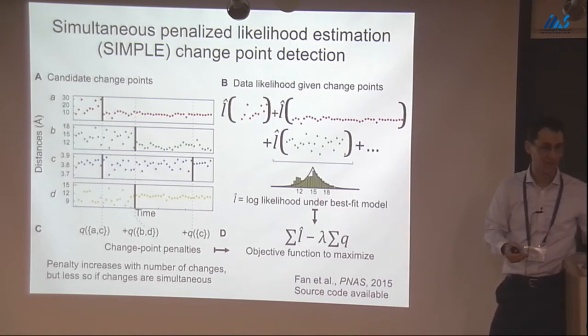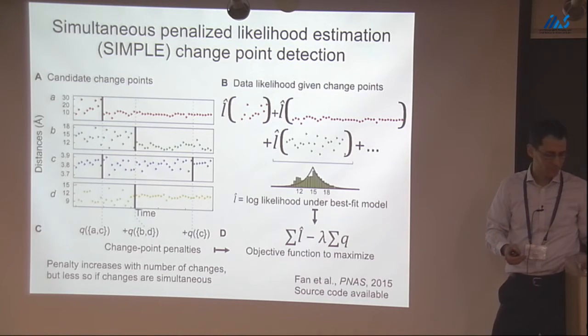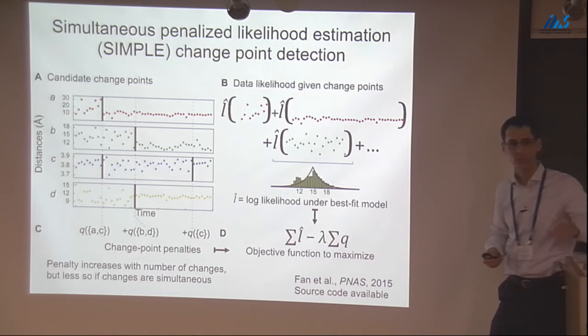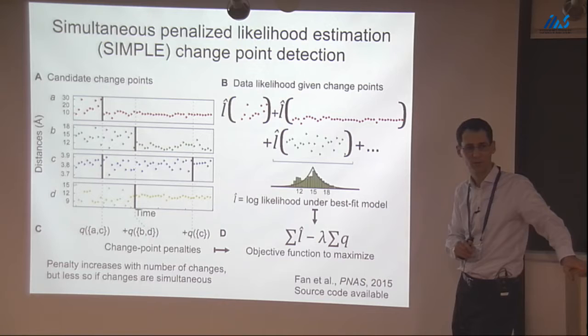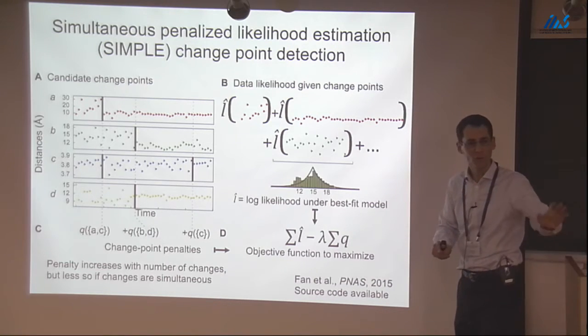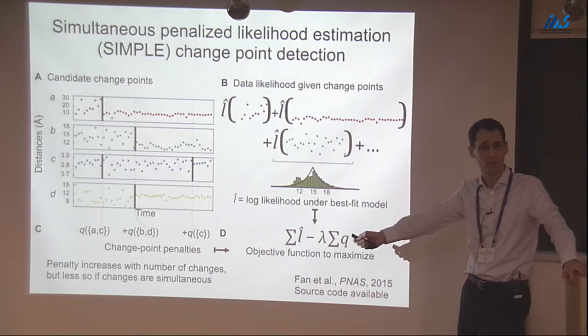What do you mean by simultaneous change? Does it mean that you see the changing point at a similar time across different time trajectories? Across different time series. Yeah, so that is defined simultaneous. The simplest thing you could do is take each of your pairwise distances and put them through a traditional statistical change point detection algorithm.